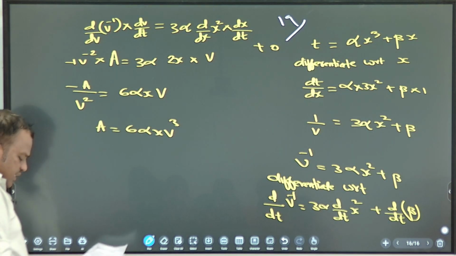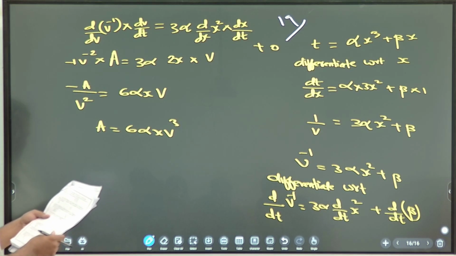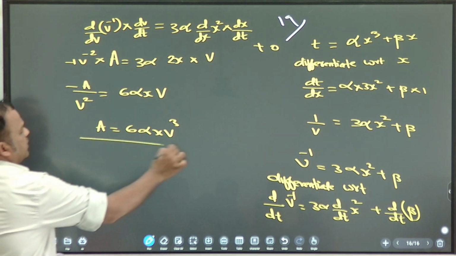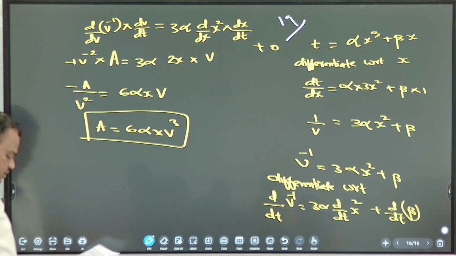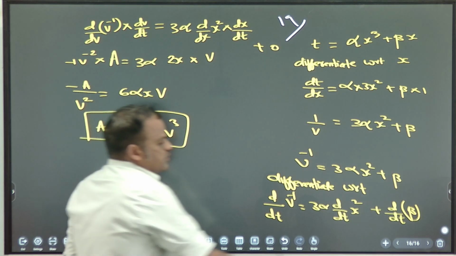So a misprint is there in the option. It will be the third option, but 6 should be there. Note down, this is the correct answer. Some misprint is there. We'll check. Okay.